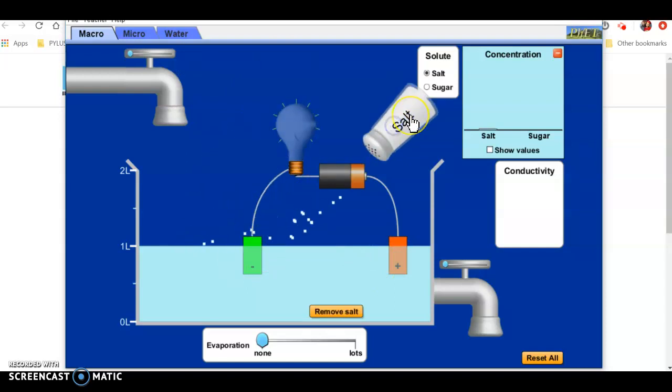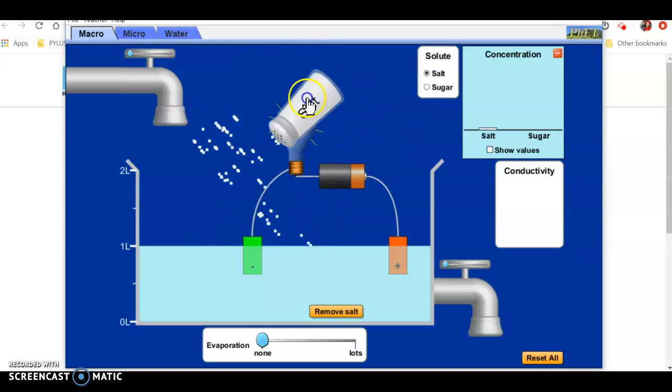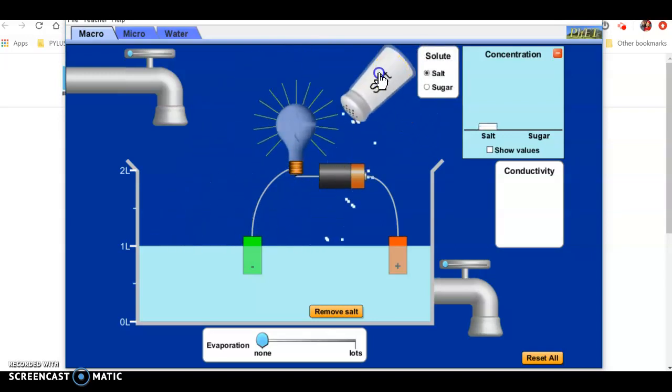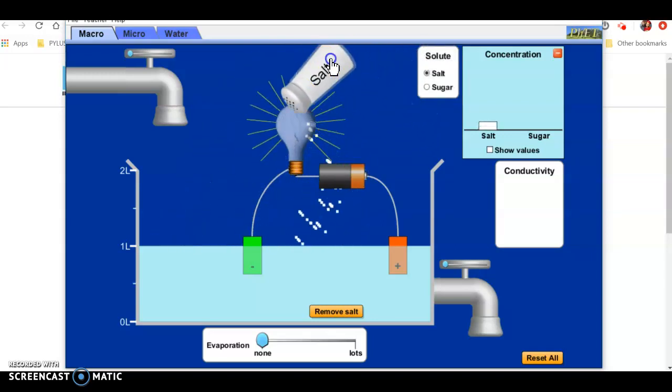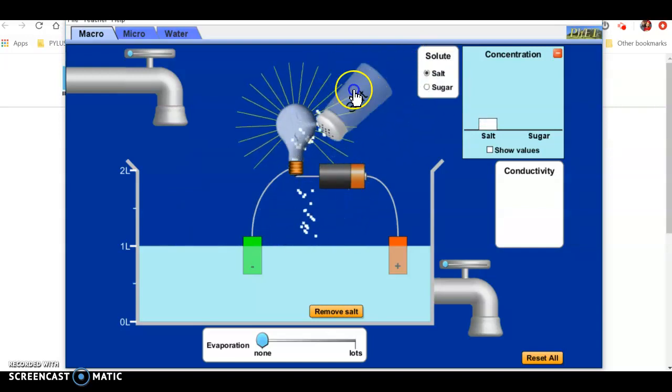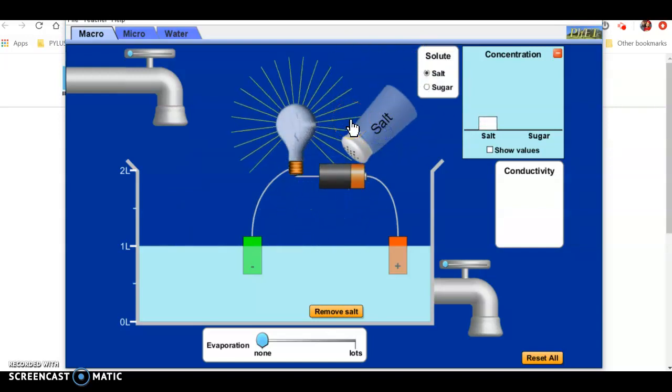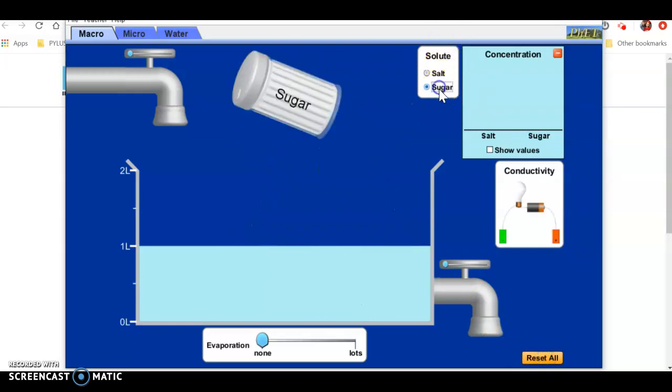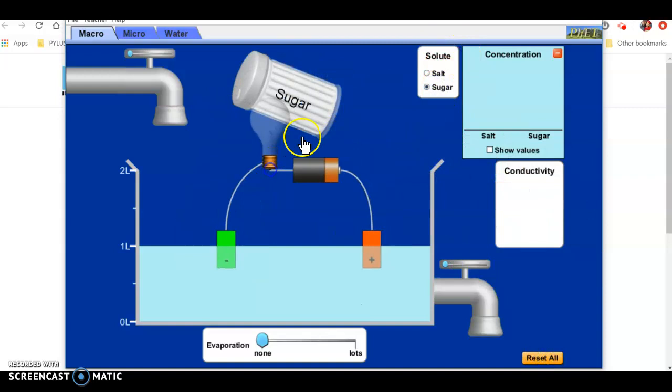Sprinkle some salt in. Light bulb's on. Sprinkle more in. I think that's one of your questions. Reset. Change it to sugar. Put my conductivity meter back in.